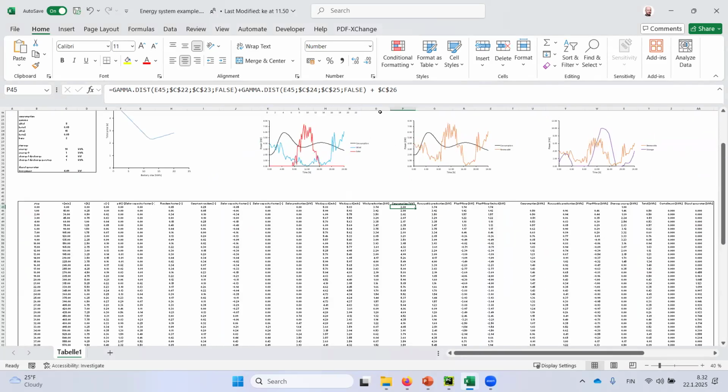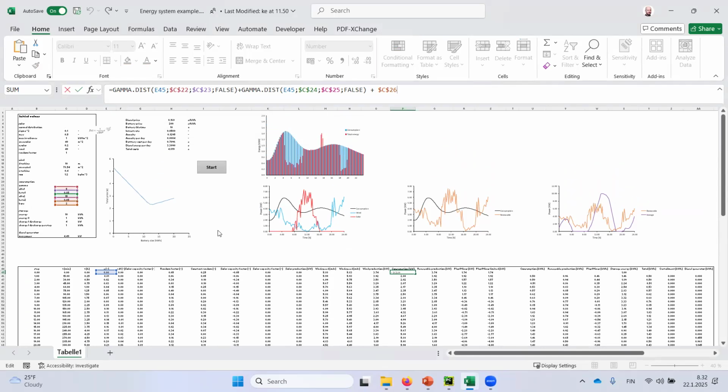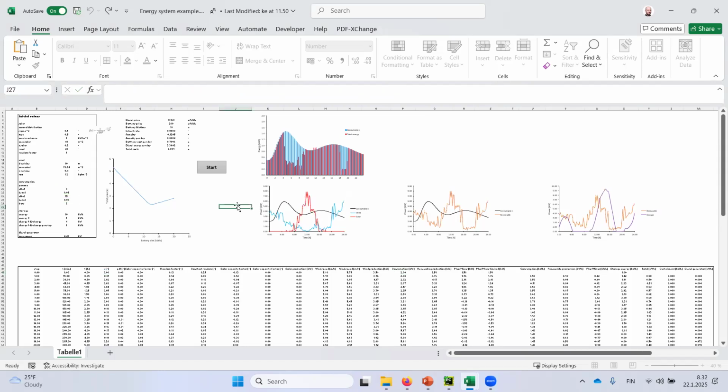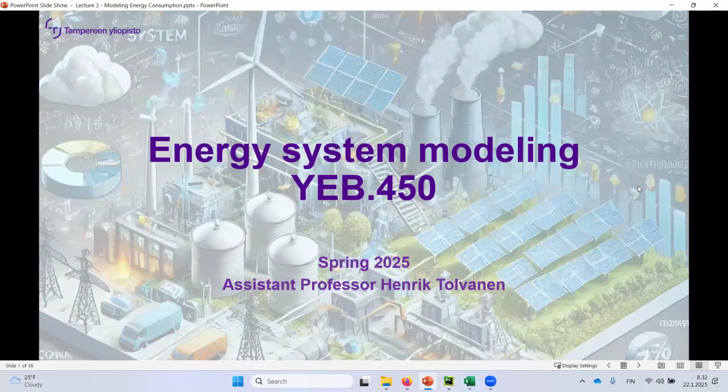And as you can see there, I'm just using a gamma distribution, and I'm summing up 2 gamma distributions. So where does that come from? How much consumption would you actually require in that kind of a system? That's just made up. So now you're going to see some ideas on how to achieve such a load profile.